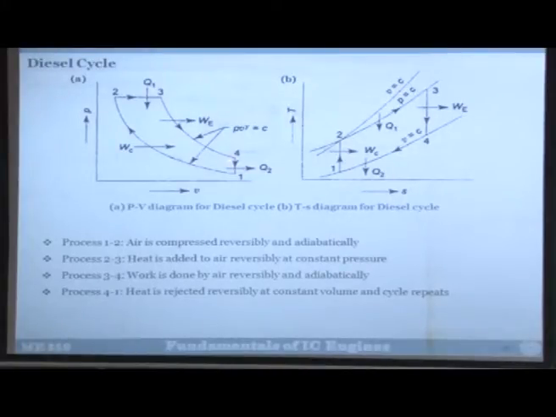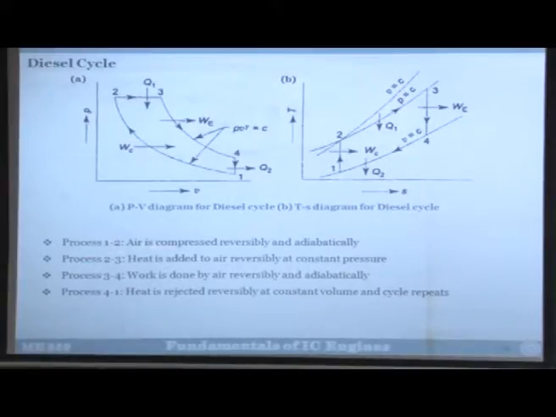The work is being done by the gases on the piston and useful work is being produced. This is the W_E, work going out, expansion work. And then process 4-1 is the exhaust blow down process, which is happening at constant volume. You open the valve and at constant volume exhaust blow down happens. So, this is the whole cycle.